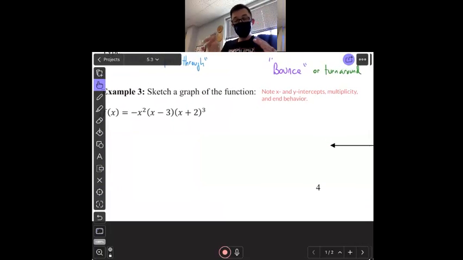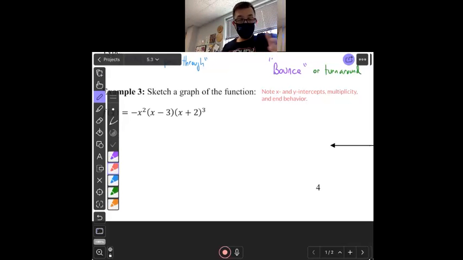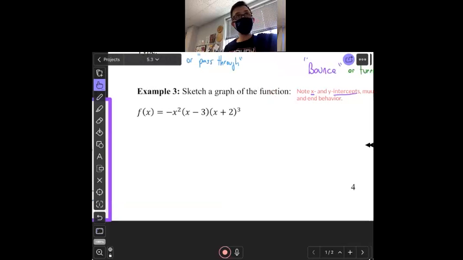So what you're going to end up doing will be picking the graph out of a bunch. It's going to say, note the x-intercepts, y-intercepts, multiplicity, and behavior. So I'm going to talk to you about how to use those pieces of information for process of elimination. First thing we want to do is look at the x-intercepts for this function. We've already talked about that.